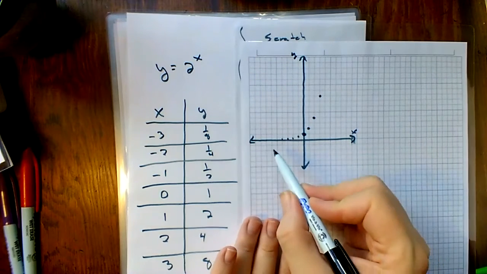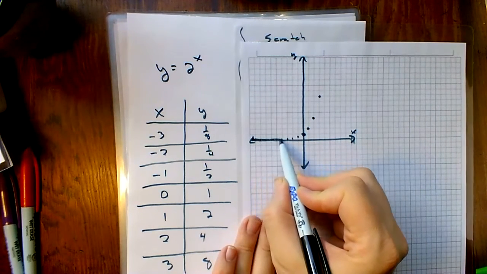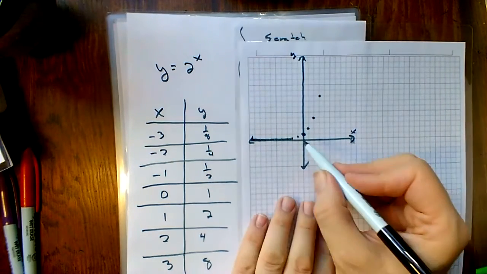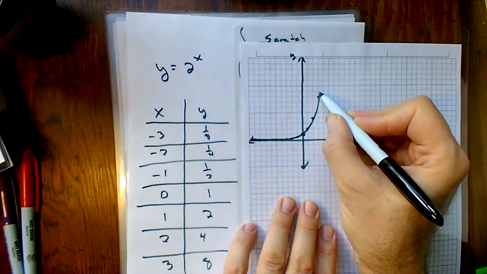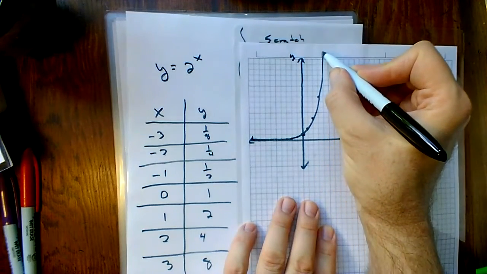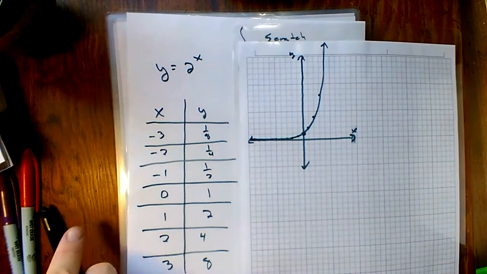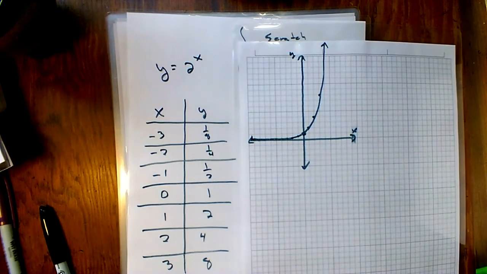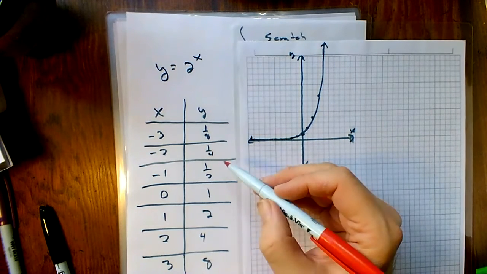So what happens is I've got this thing that gets closer and closer to 0, the more negative x gets, and then shoots up at a fairly impressive rate here. Our x-axis is what we refer to as a horizontal asymptote because every single time this just gets half as big.